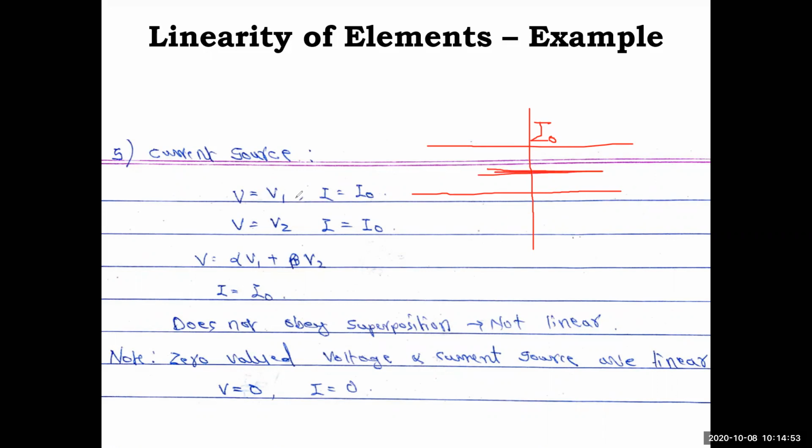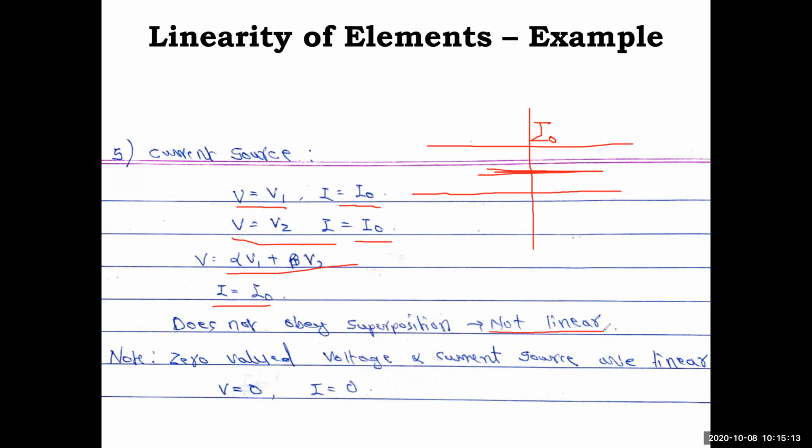That's why if we change the voltage to V1, V2, the current will not change. It is a constant current. If you substitute alpha V1 plus beta V2, the current is still not going to change. Same as the voltage source, it also does not obey the principle of superposition. That's why this is not linear.